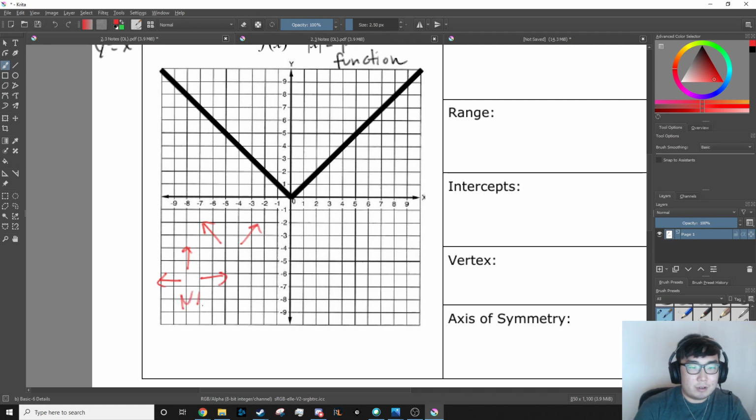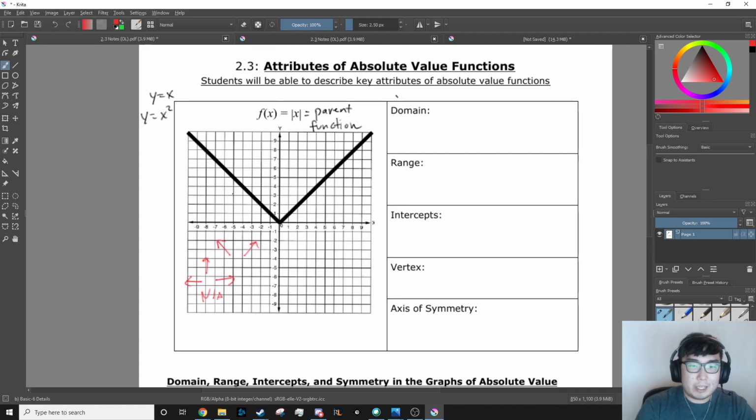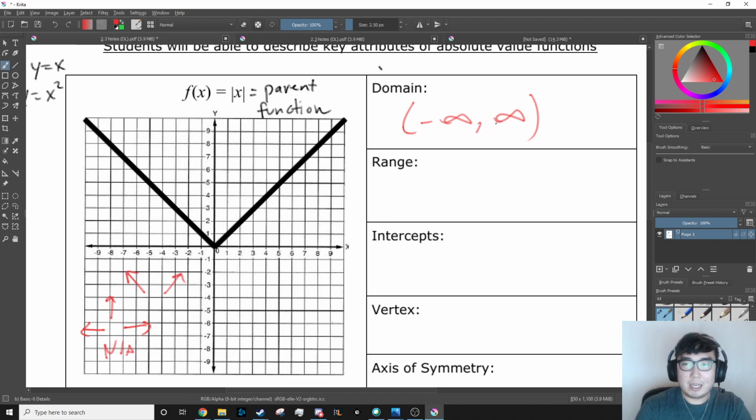So I have no range going downwards. My domain, I know that if I'm going left and right infinitely, forever and ever, that means my domain is negative infinity to infinity. As in, I'm touching all my values. As in, I could get any x value if I want to.